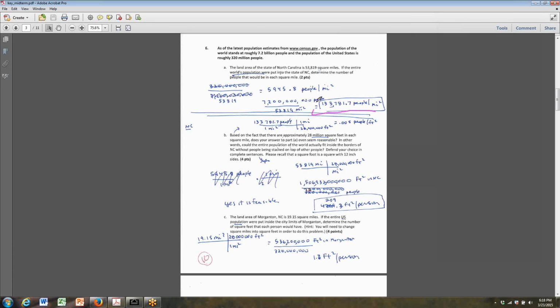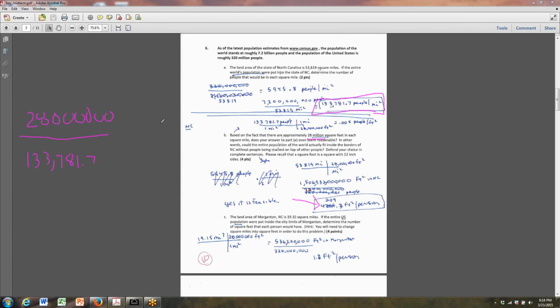Some of you said, well, you know what? I took this answer here. This is how many people will fit in per square mile. And this is how many square feet are in a square mile, and you simply divide the 28 million by that 133,781, and you got the same thing, which is perfectly fine.